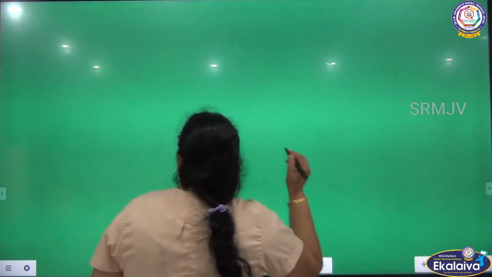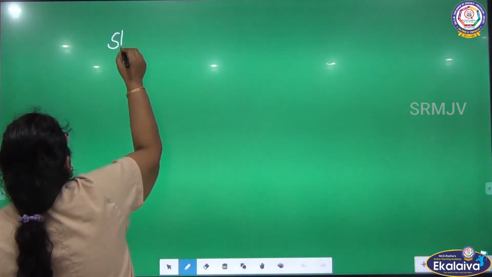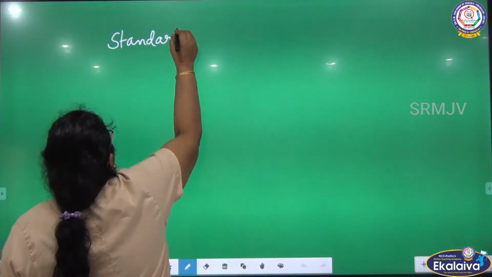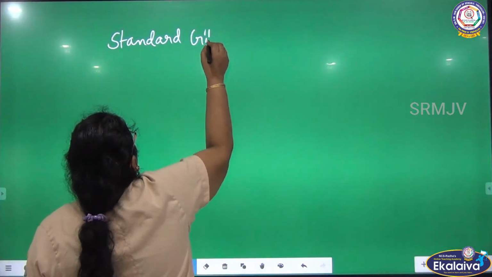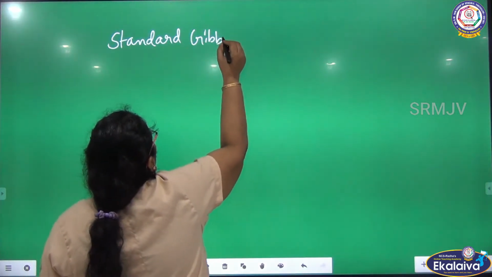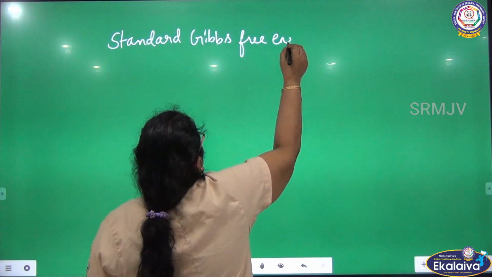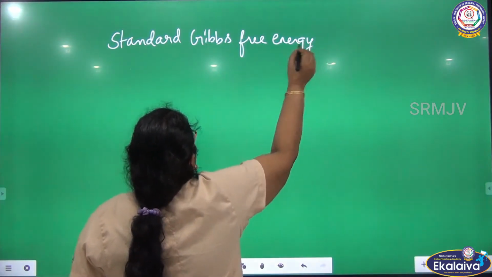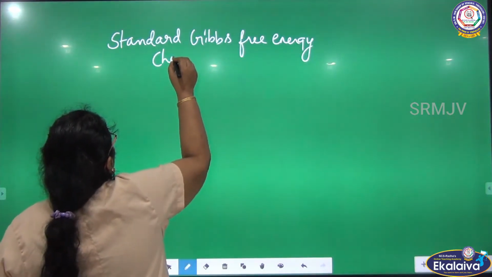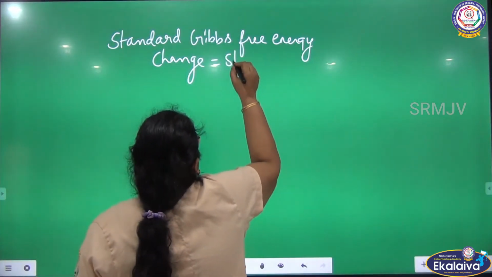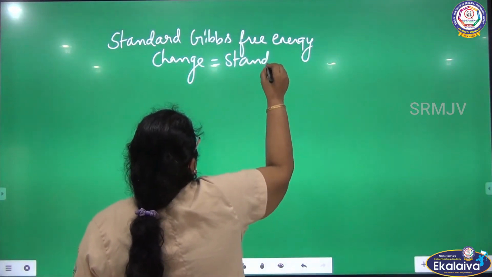In such a case, the standard Gibbs free energy change is equal to minus nF E dash cell, where E dash cell is the standard EMF of the cell.